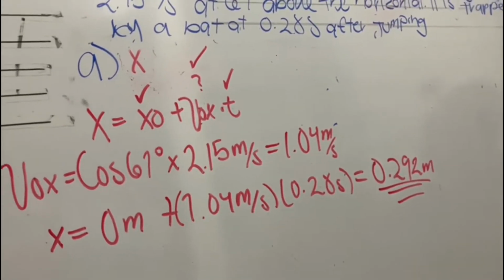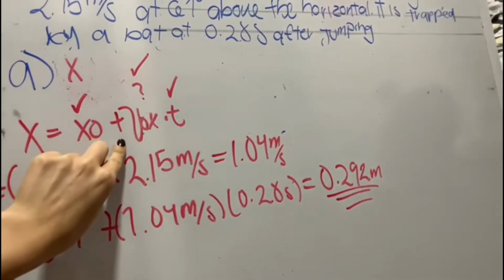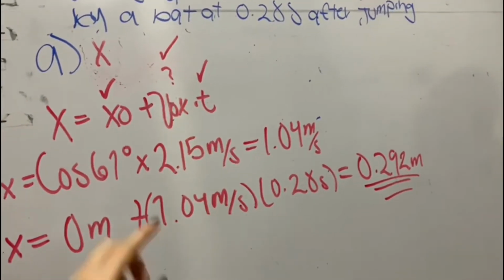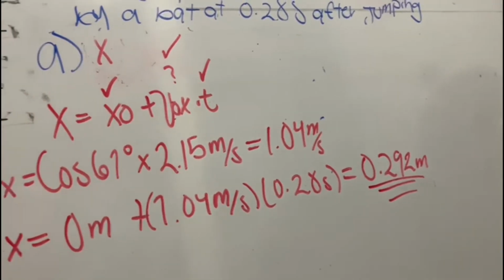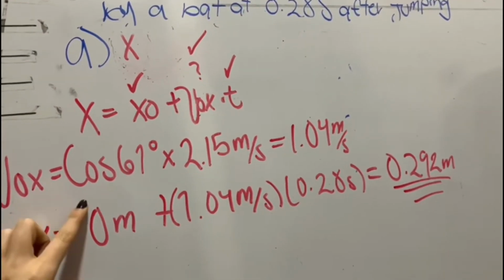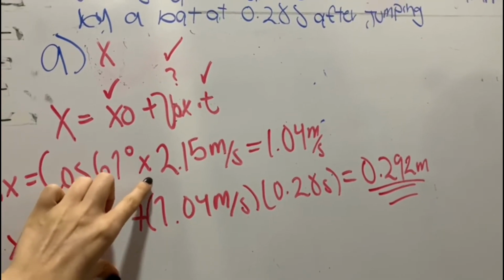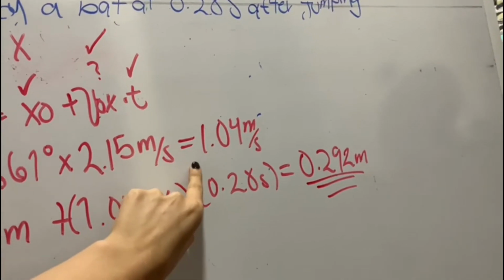We have a formula that says the final position is equal to the initial position plus the initial velocity multiplied by the time. We have all the values except the initial velocity of x. We get that by multiplying cosine of the angle by 2.15, and that gives the initial velocity of x.